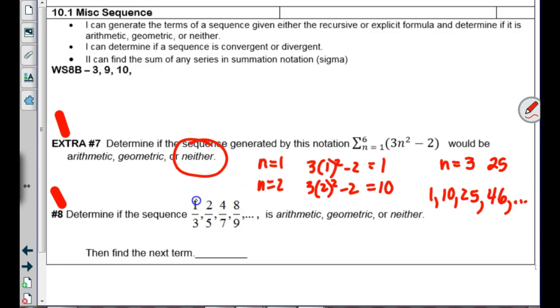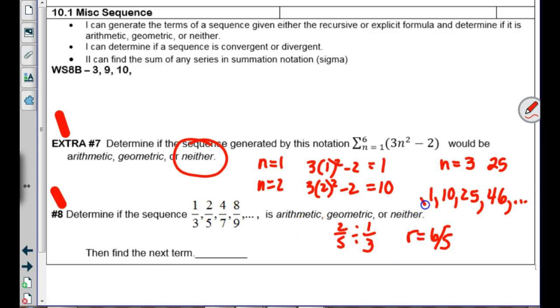If you divide 2/5 by 1/3, you get 6/5. Because you multiply by 3 over 1, right? Does that work if you do 4/7 divided by 2/5? 4/7 divided by 2/5 is definitely not 6/5.